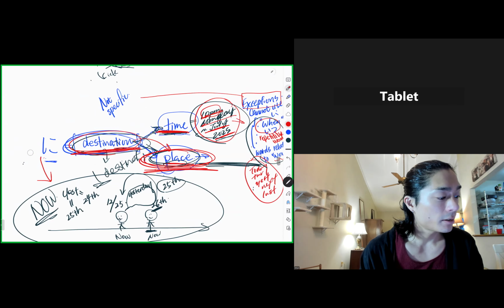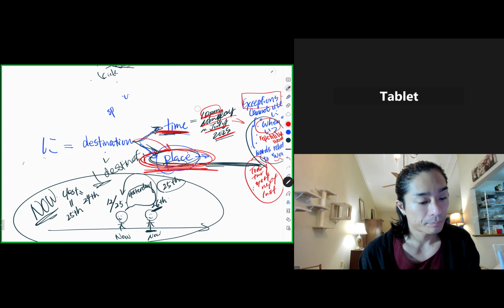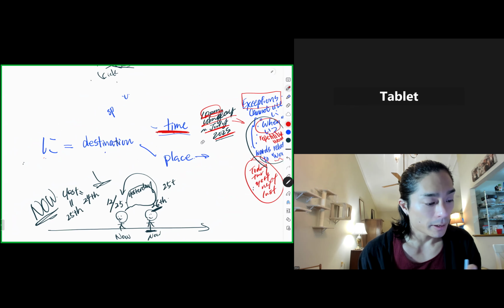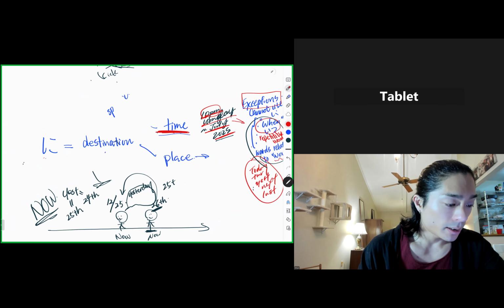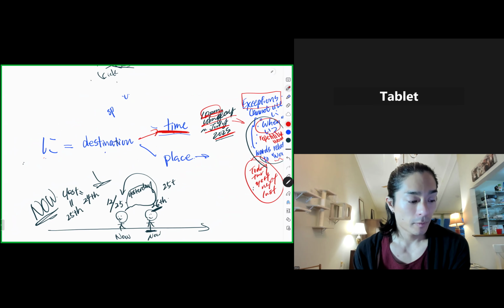When we covered the particle ni, I said the ni is destination in terms of space and time. For space, it's a place.